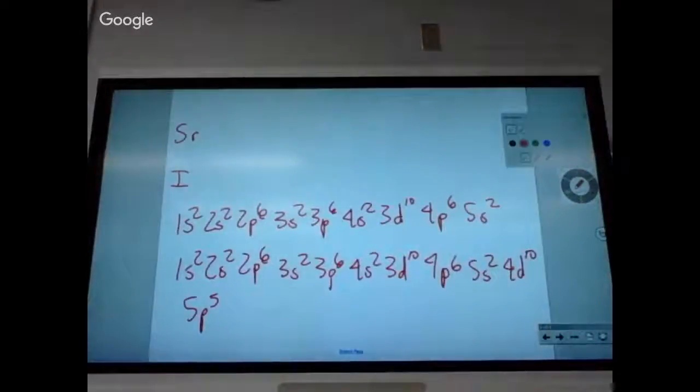All I can tell you is it does not add to 38 if you stop at 4p2. 2, 4, 10, 12, 18, 20, 30. If that's a 2, that's 32. And then this 2 would be 34. It won't add to 38. I need one more of this. I know it's late tomorrow.